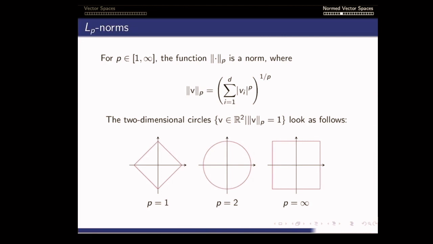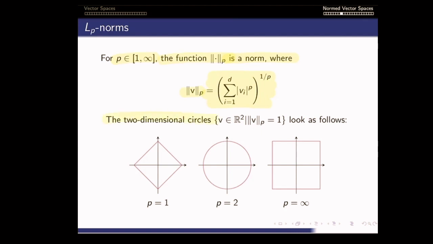Then we can generalize this concept of having a 1 norm and a 2 norm to other values p, for values from 1 until infinity, including infinity. Infinity is a special case where the p norm of v is defined like this. If you insert 2 or 1, you see that this corresponds to the Euclidean norm and the Manhattan norm, but we can also use other values.